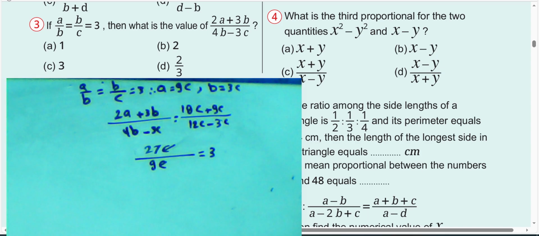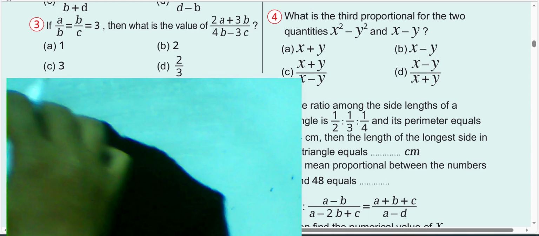Then the answer will be 3, which is letter C. Next question.